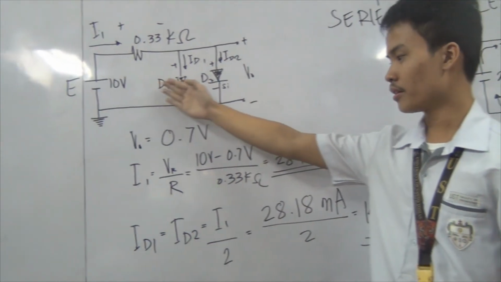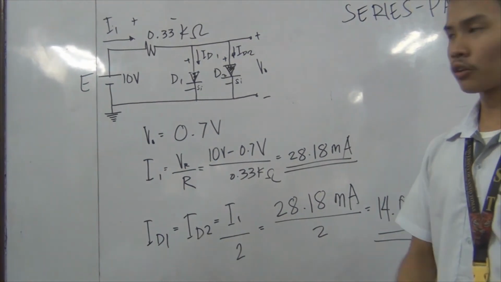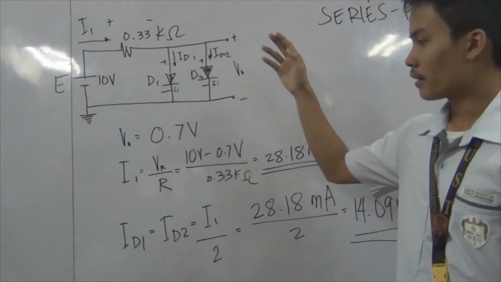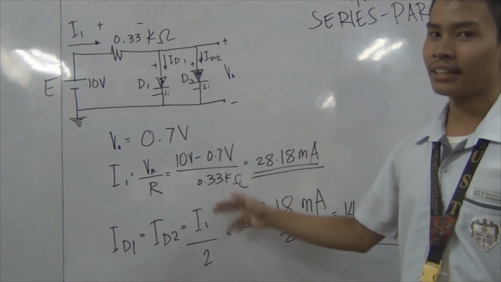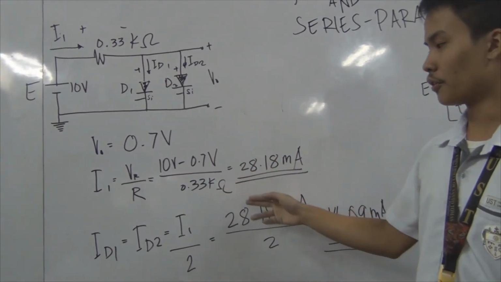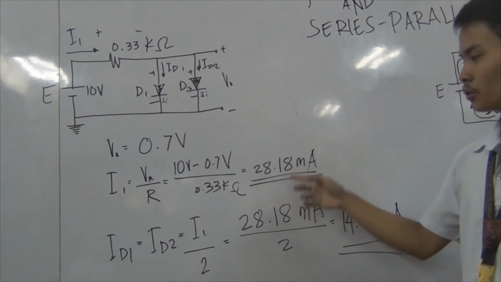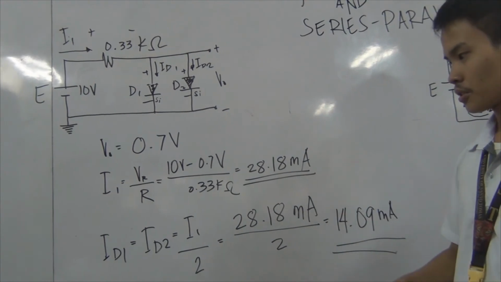In getting I1, we would get the voltage across the resistor and divide it by the resistor. 10 volts minus 0.7 volts over 0.33 kilo ohms will get you 28.18 milliamps.